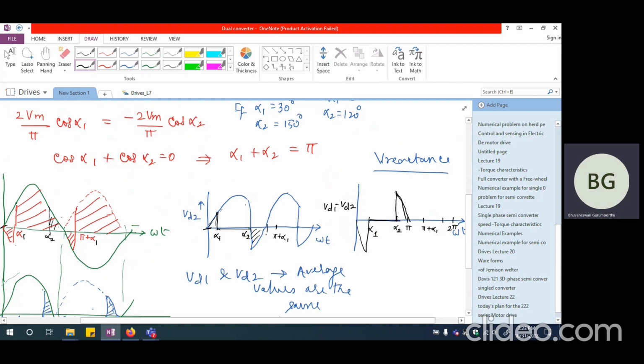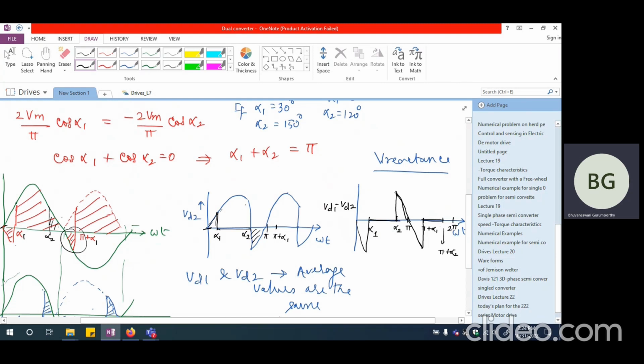From pi to pi plus alpha 1, VD2 is positive, whereas VD1 is negative. So there will be a huge negative voltage coming up again, appearing like this. Now from pi plus alpha 1 until pi plus alpha 2, it will be zero voltage. So again it will repeat itself like this.